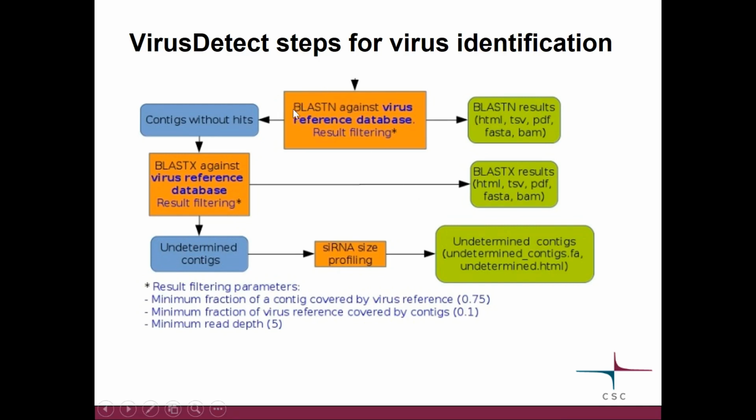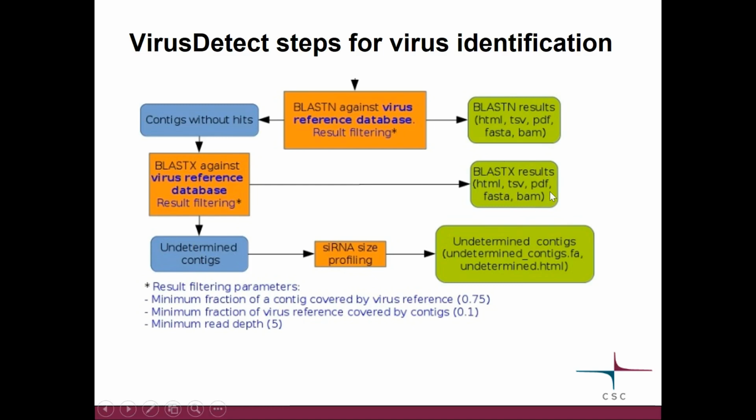So then for these contigs, we need to perform the actual virus identification. That is done with BLASTN against the virus reference database that I just described earlier. And the BLASTN results are reported. If there are some contigs which don't get any BLAST hits, they are blasted again, but now using another algorithm called BLASTX, which does the matching at the protein level.